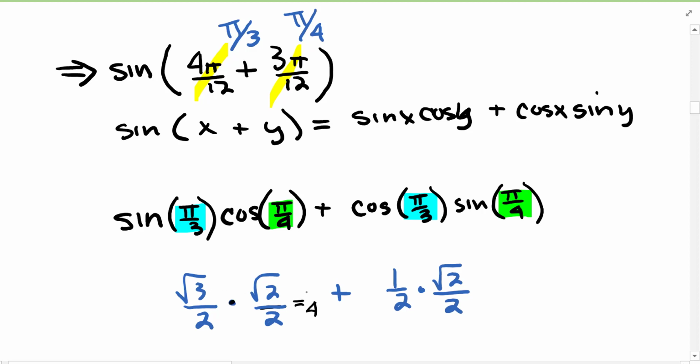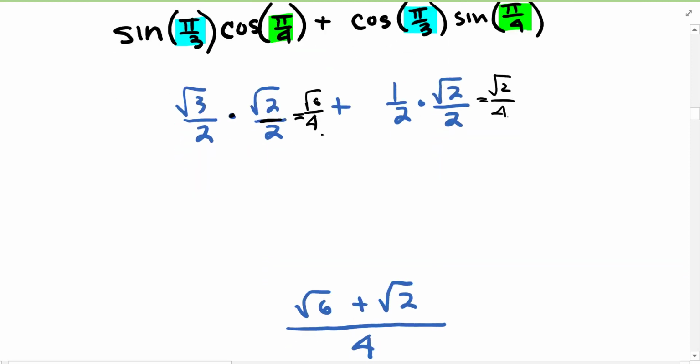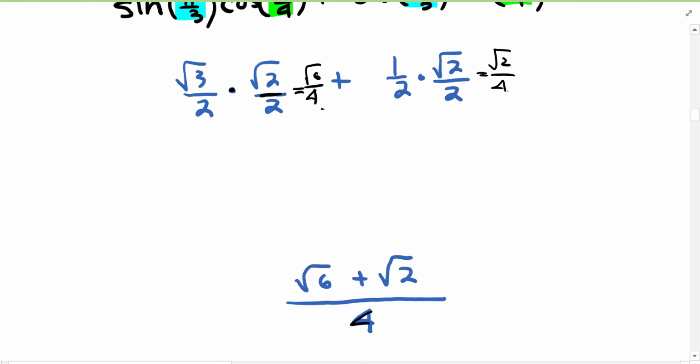Root 3 times root 2 is root 6. And then over here, 1 times root 2 is root 2. And 2 times 2 is 4. Well, now we have these two fractions that are being added that share the denominator. So when we simplify that, we can write it over one fraction. Root 6 plus root 2 all over 4.